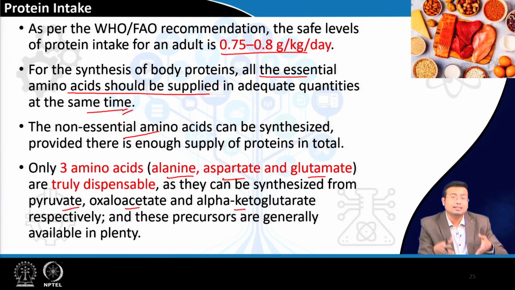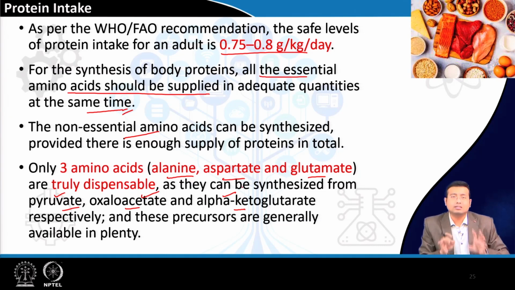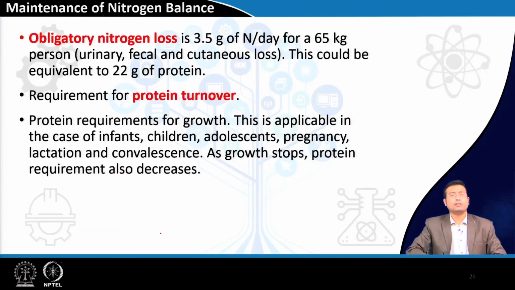These are the direct products of transamination of these 3 very important intermediates of carbohydrate metabolism. For synthesis of all other non-essential amino acids, we need some or other essential amino acid. So, even if those amino acids are semi-essential or non-essential, some form of protein needs to be provided in the diet in order to synthesize them from some source. However, these precursors are available in plenty.